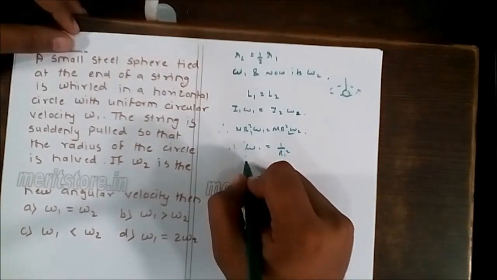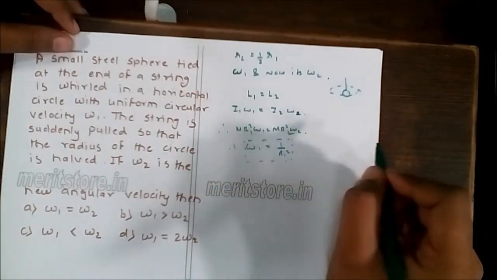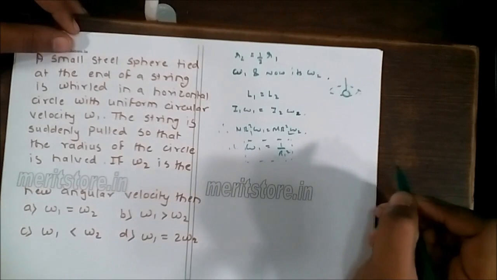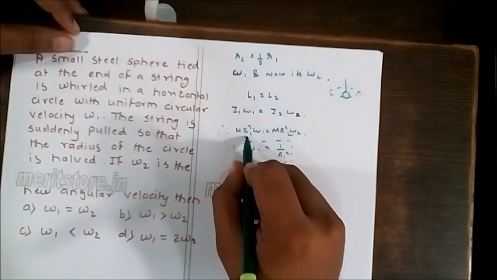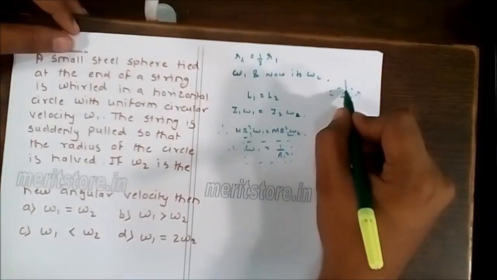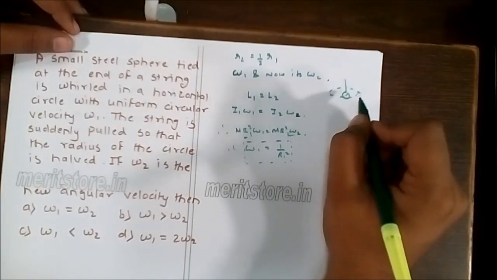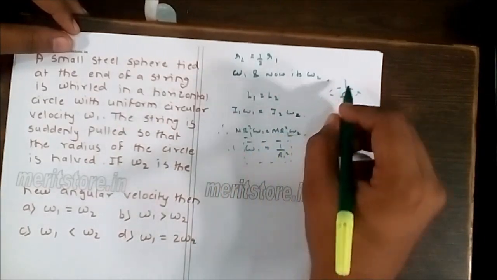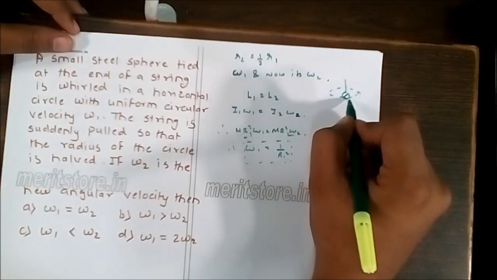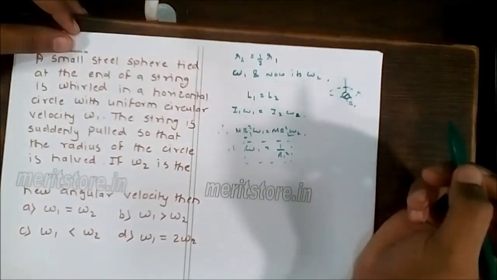Now most of the students make this mistake because they use the law of conservation of angular momentum over here. But as we know, this r is not the radius of the sphere, this r is the length of the string. So we cannot use this r because here it represents the radius of the sphere and we need the length of the string as r.